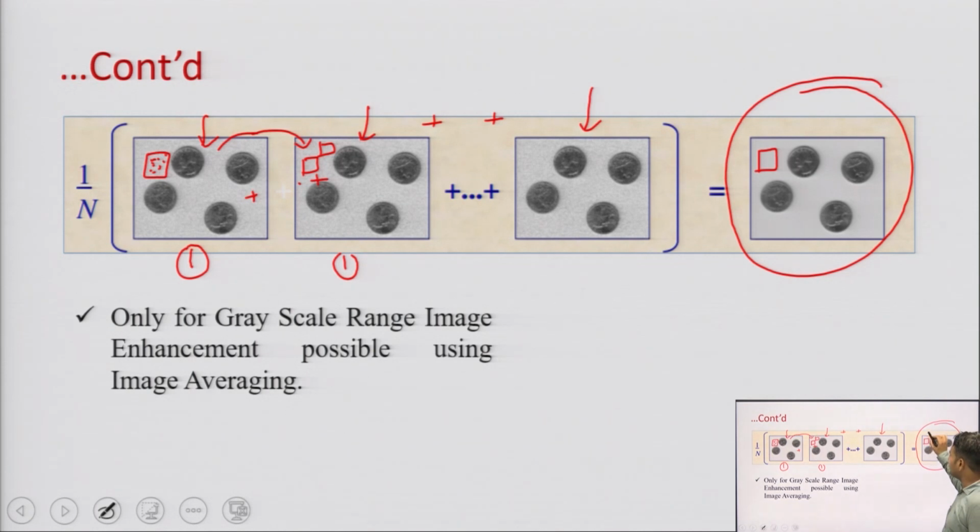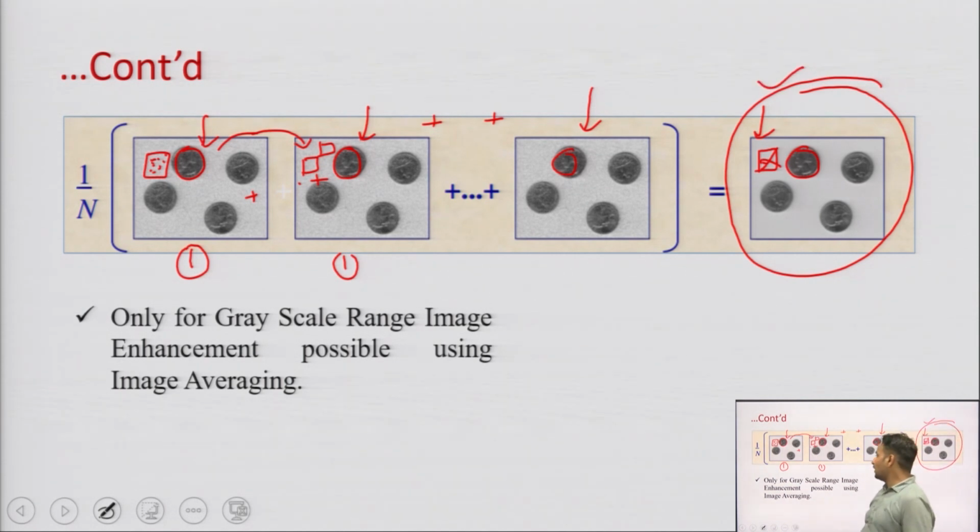That portion is removed because it is not repeating itself. The actual portion repeats here also, and here also, so you can take that picture only, and at the last there is nothing, so you cannot repeat that thing. Where most of the repeating portion is there, you can get the enhanced image.